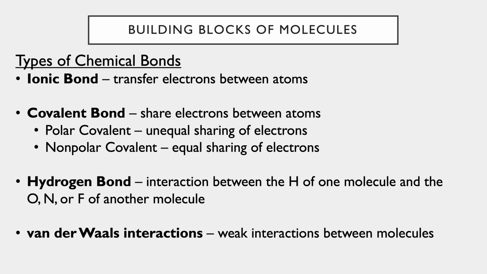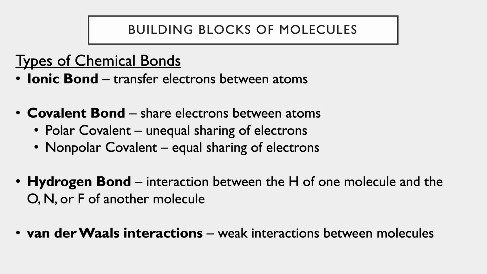When electrons are shared between atoms, they can be unequally or equally shared. Because of this property, we can further classify covalent bonding as either polar or nonpolar, respectively. The last 2 types of interactions are different because they don't directly involve transferring or sharing of electrons. Instead, they involve interactions between atoms through relative charges or temporary induced charges.